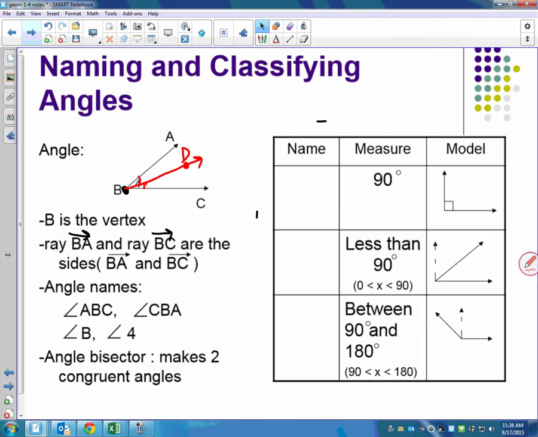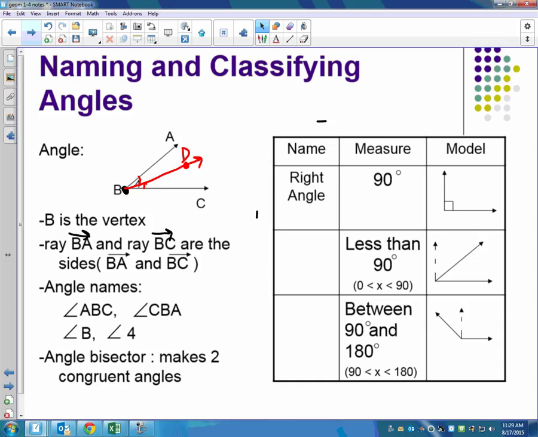I bet you've talked about these before, right? Special types of angles. I know you've talked about this because we've talked about Pythagorean theorem. An angle that makes 90 degrees, shown with a little square, is called what kind of angle? A right angle. Right angles are really important when building things because if your building does not have right angles, it's going to fall over or be slanted. What about an angle between 0 and 90 degrees?